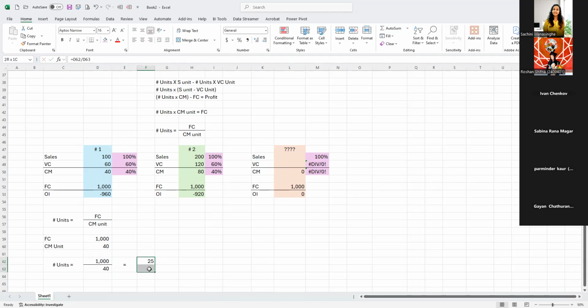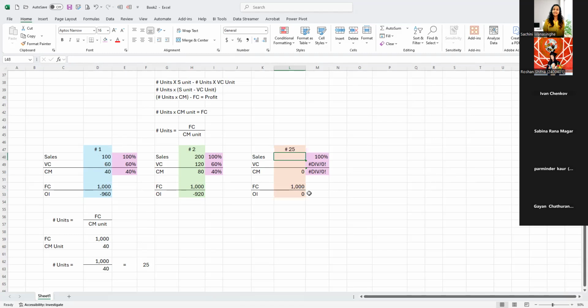We need to sell 25 units. And now you can tell me, we don't believe you. That sounds so easy. So what do we have to do? We just have to go here and put number of units, 25, and see, once we run the calculation, are we going to get 0 here?